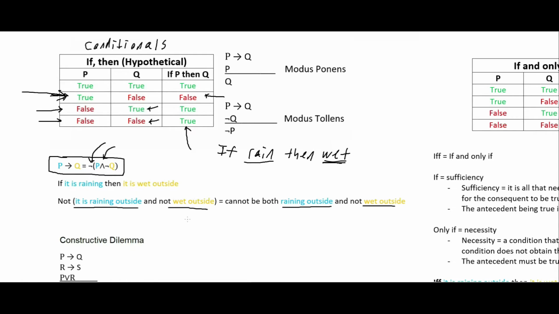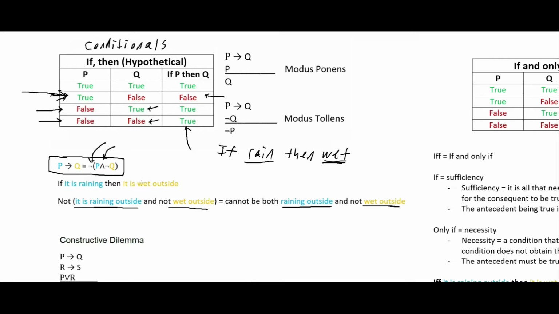That's denying the consequent, rather. Those two things are logically equivalent, and that goes into that logician's thing of trying to get everything in terms of not and and operators.